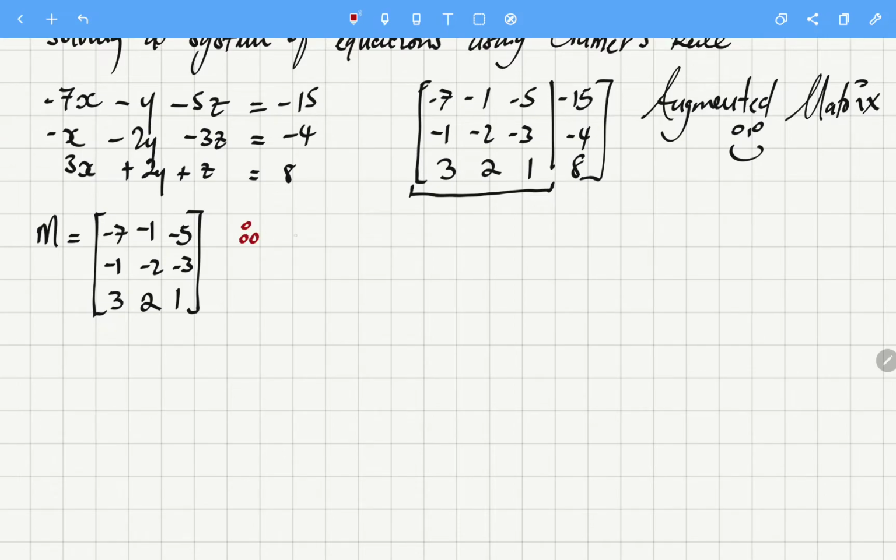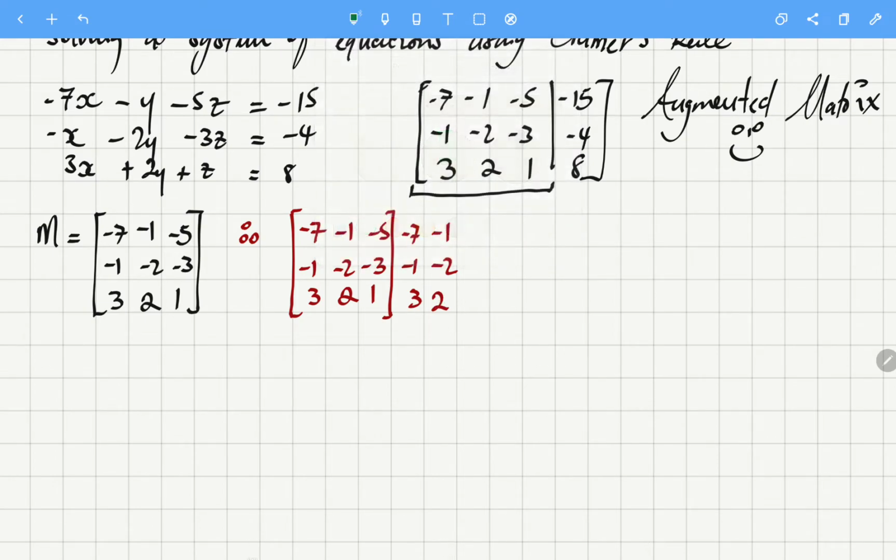So I write out minus 7, minus 1, minus 5, minus 1, minus 2, minus 3, 3, 2, 1, and then repeat the first two columns: minus 7, minus 1, minus 1, minus 2, then 3, then 2.